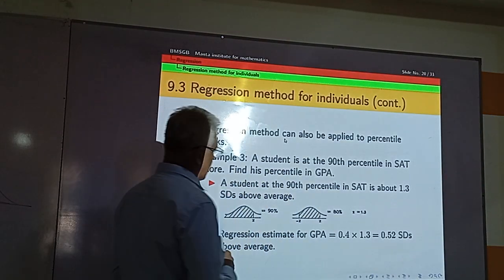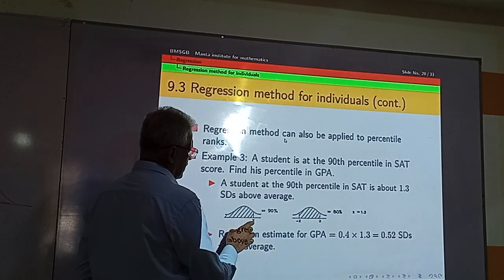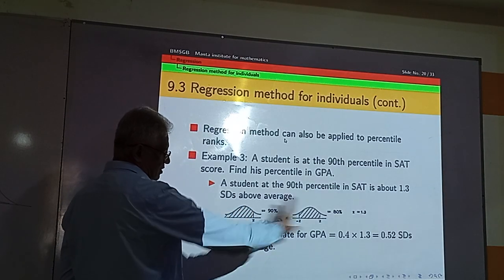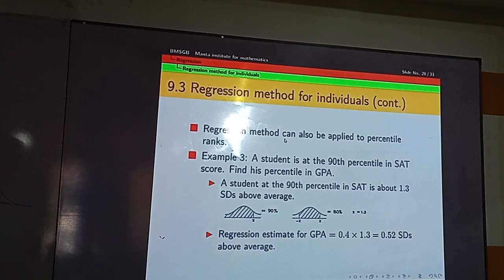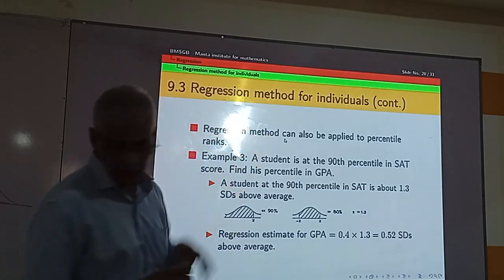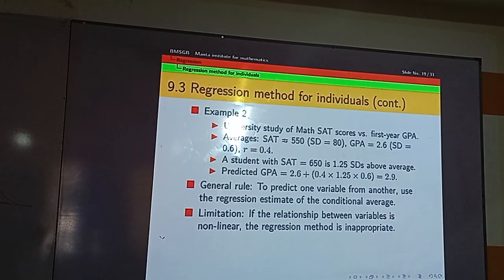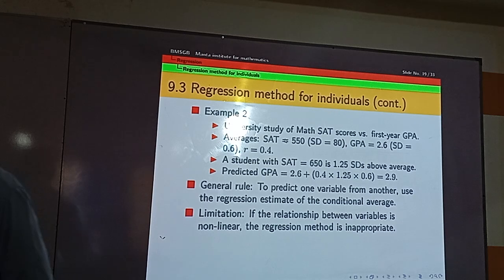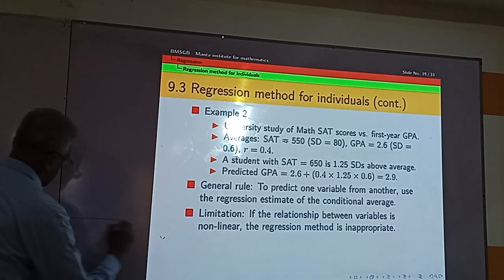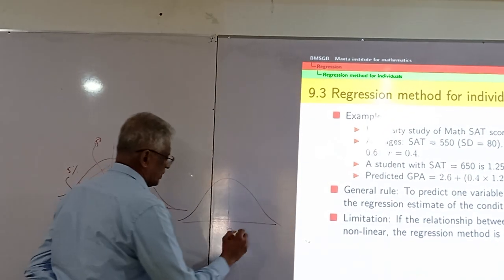So for the 90th percentile, you have to find the Z value, how many Z's from the zero value here, because these have different means. For example, the SAT value has average 550 and standard deviation 80, and we are assuming approximately normal.